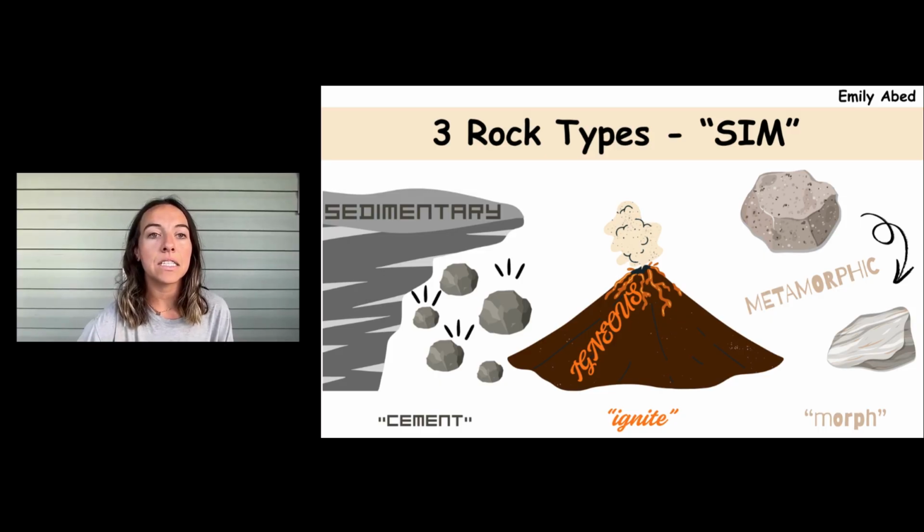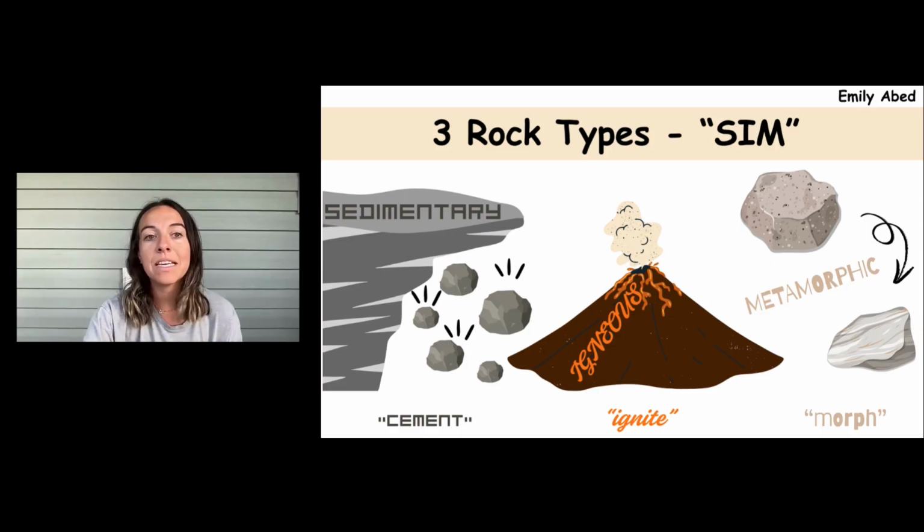And then I decided to also use the pictorial reconstruction strategy to remember the three rock types, which is the pictures that you see on the screen. I built the words into each picture. So this would be sedimentary, and the meaning behind it is that the rocks are broken off into little sediment pieces.